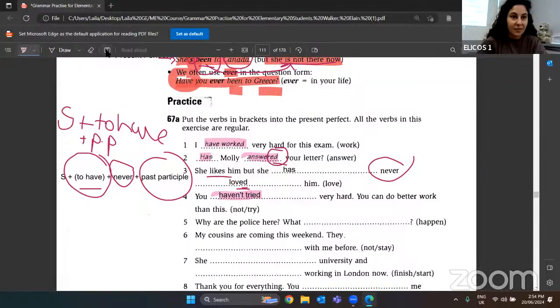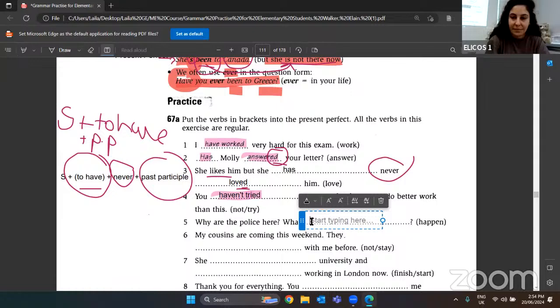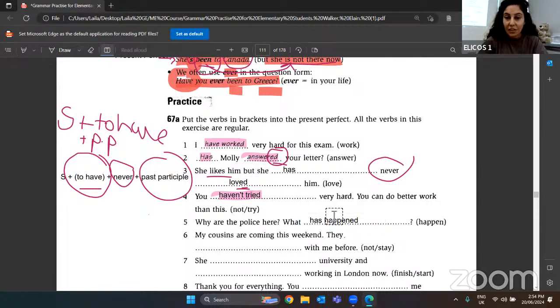Okay, Javiera. Why are the police here? What has happened? No, you don't need it. So what has happened? Remember the verb to have and then the past participle straight after it. What has happened?